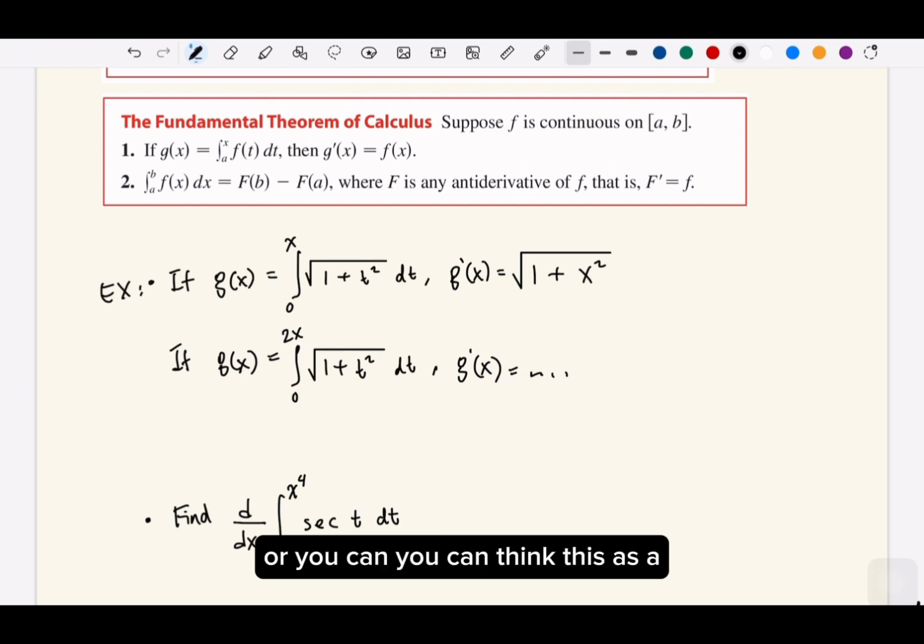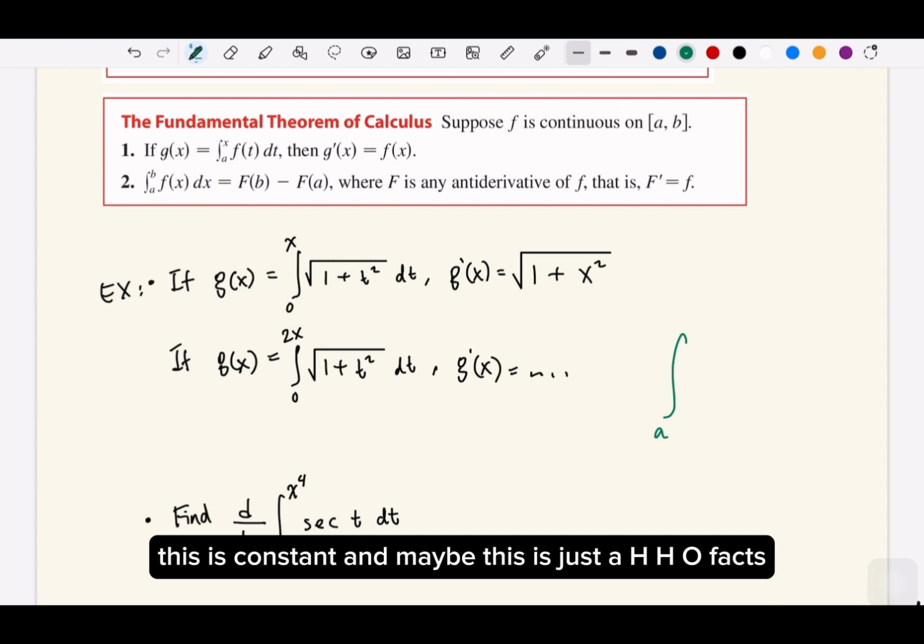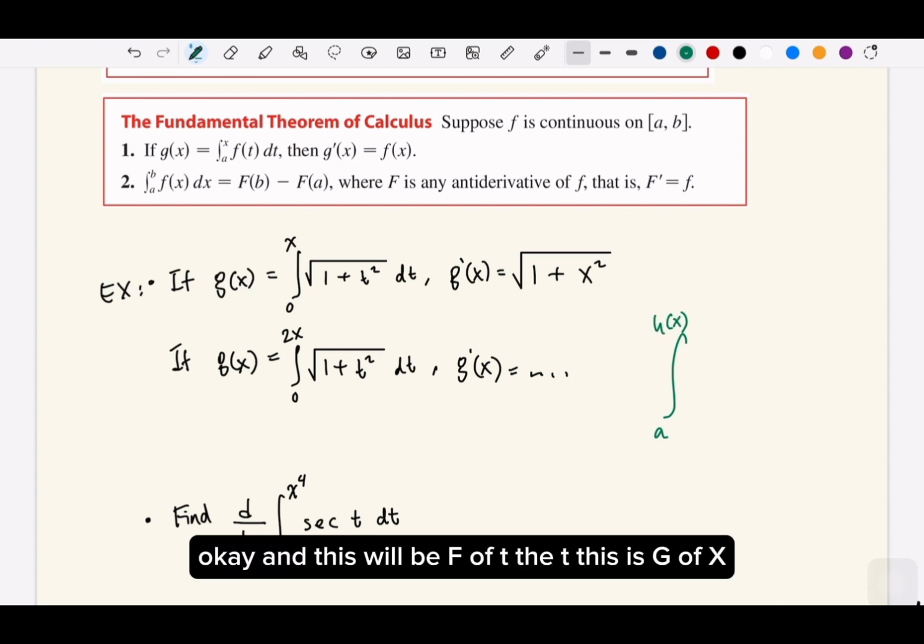Or you could think of this as a constant, and maybe this is just h of x, and this will be f of t dt. This is g of x.